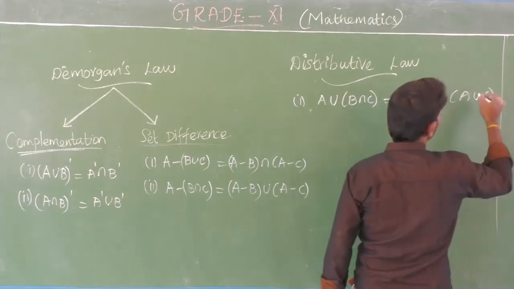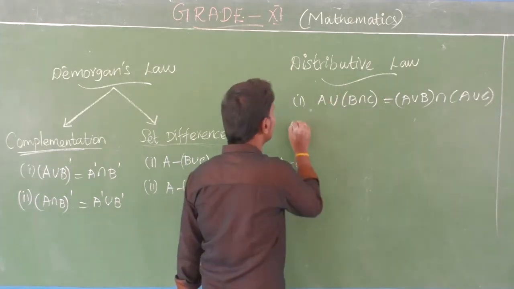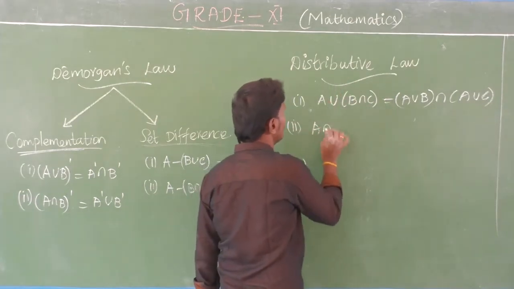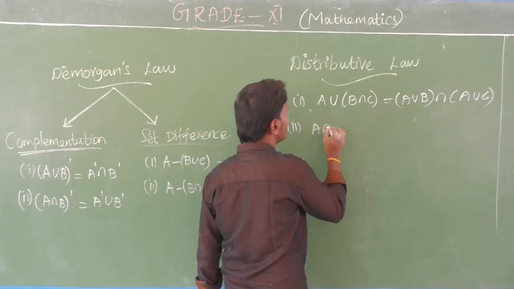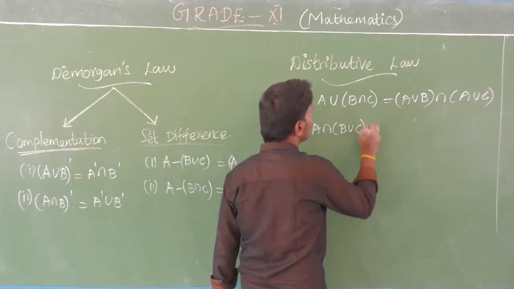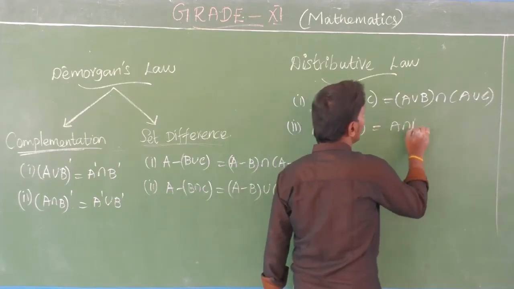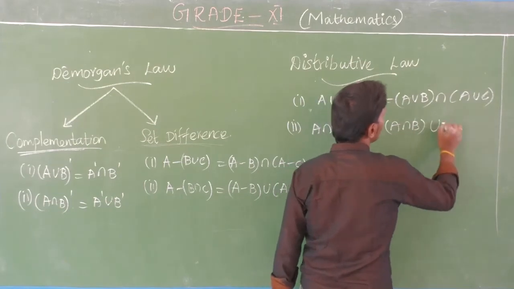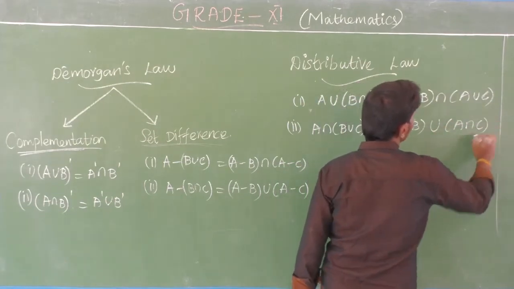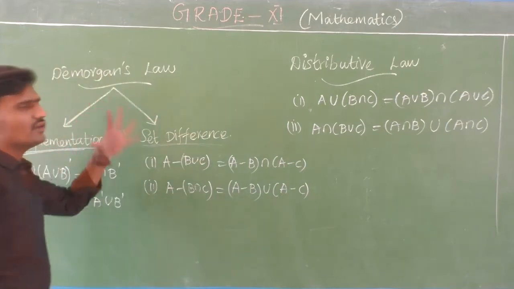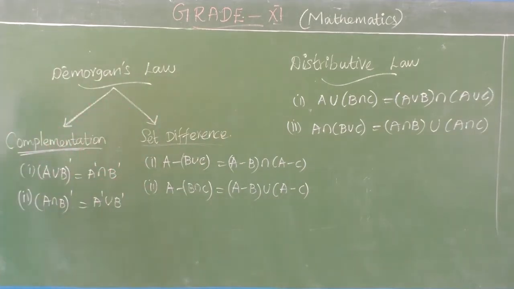And the second one is intersection over union: A intersection (B union C), which is equal to (A intersection B) union (A intersection C). Okay, so these are the formulas expected for that 4 mark question. We have to prove like that.